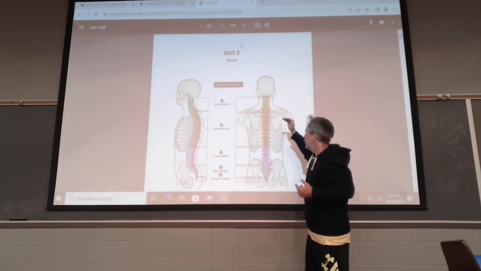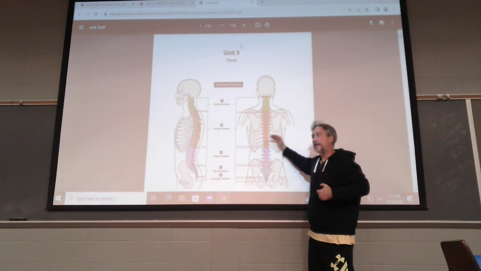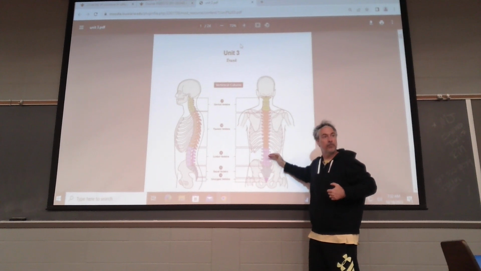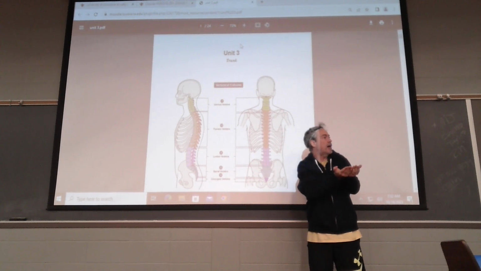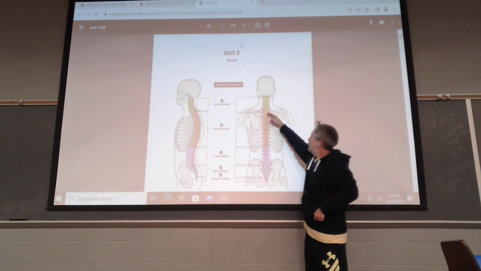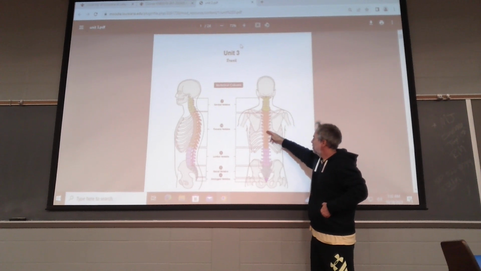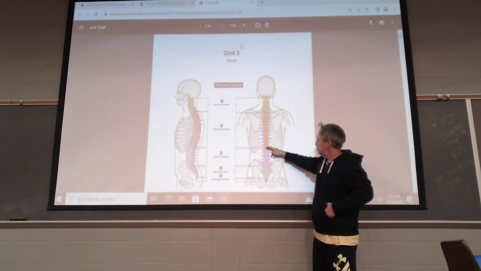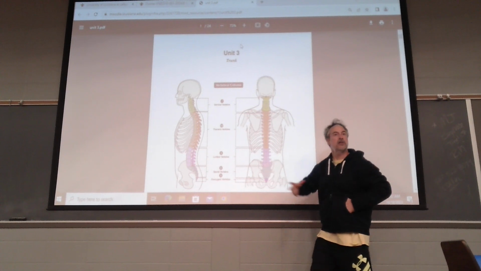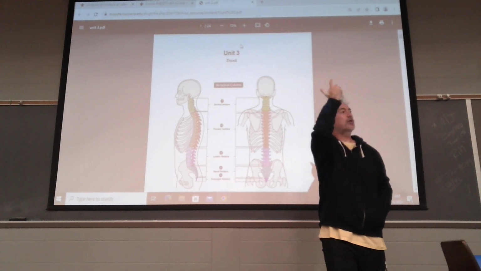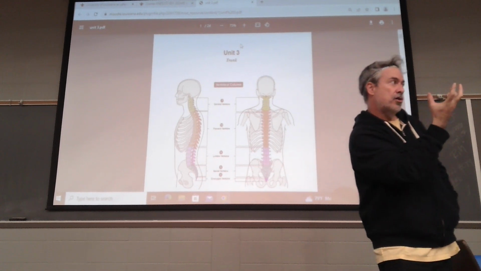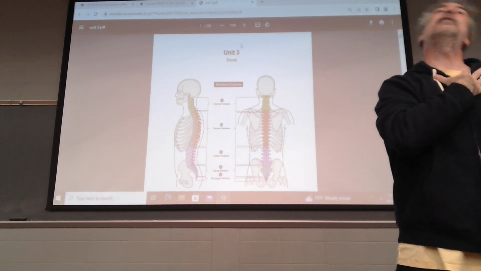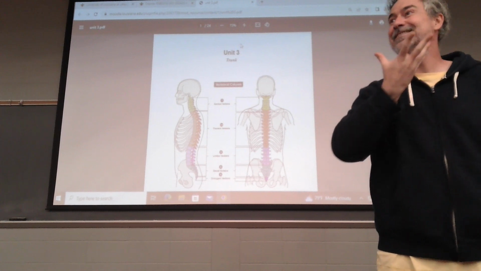They're going to get more and more dense and less contributing to movement because they have to bear more stuff on top. So the thoracic vertebrae, rib vertebrae, and then eventually we get to the ones that don't have ribs, those are our lumbar. These are going to be much more dense. They have to support all the stuff on top of them. They're going to move, but they won't be as movable as the neck.